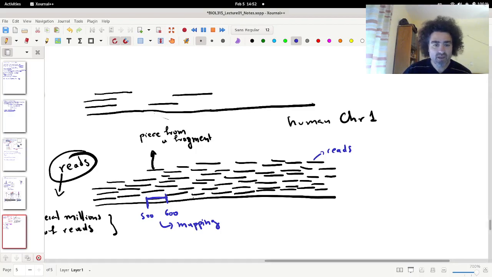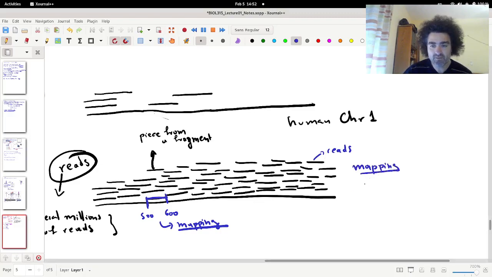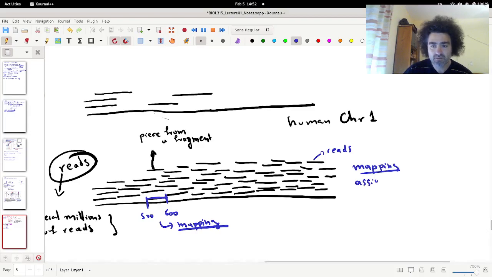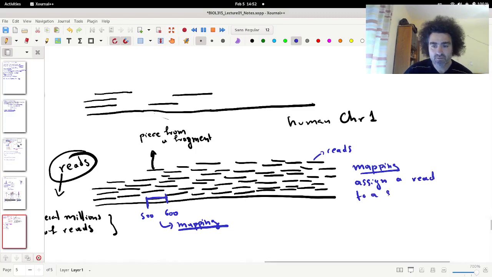And one more thing that I should mention here: mapping is to assign a read to a specific location of the genome.